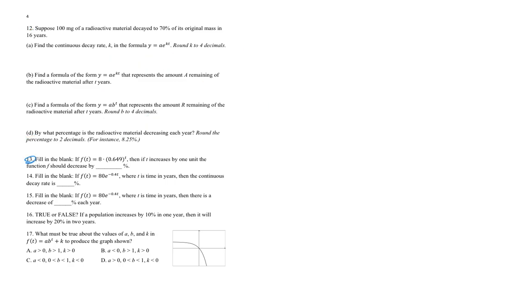Okay, and now we need to fill in the blank. If we have f of t equals 8 times 0.649 to the t, and we have t increasing by 1 unit, then we need to find out how much the function should decrease by. So we're just going to use the same percent change formula, and I'm just going to do it from 1 unit to 0. So I'll do 8 times 0.649 to the power of 1 minus 8 times 0.649 to the power of 0, but this is just 8, of course, over 8 times 0.649 to the 0.